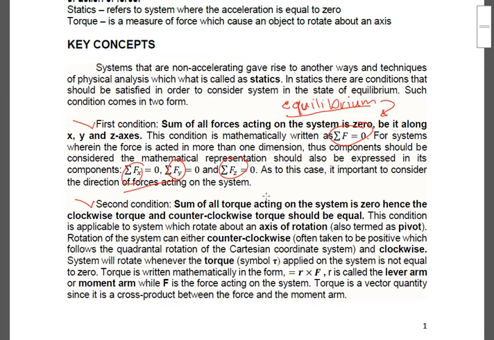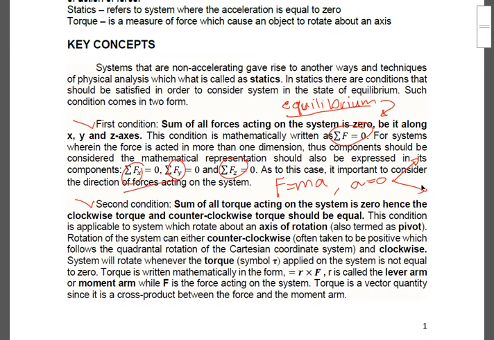In this condition, we must go back to the fundamental equation, F is equal to ma. For a system in the state of equilibrium, acceleration should be equal to 0. When acceleration is equal to 0, two things can be deduced.